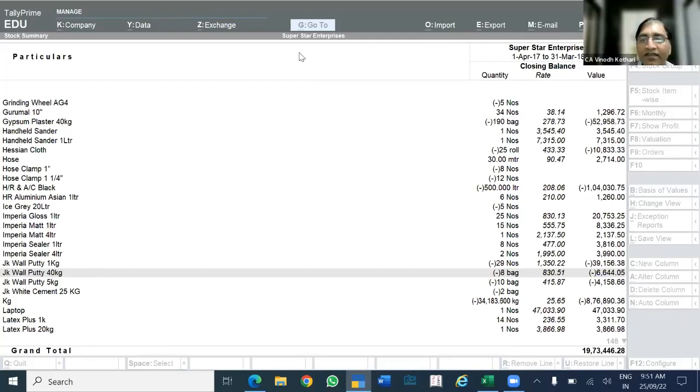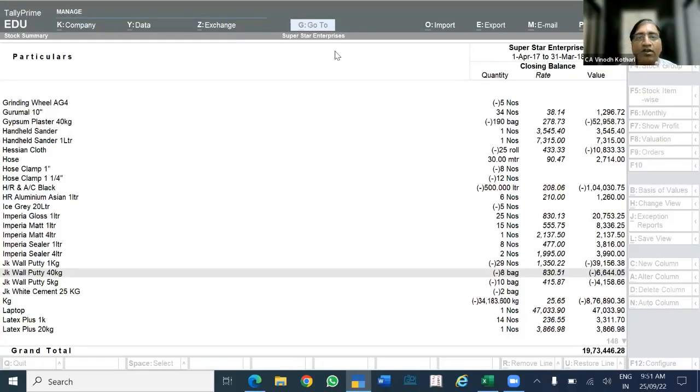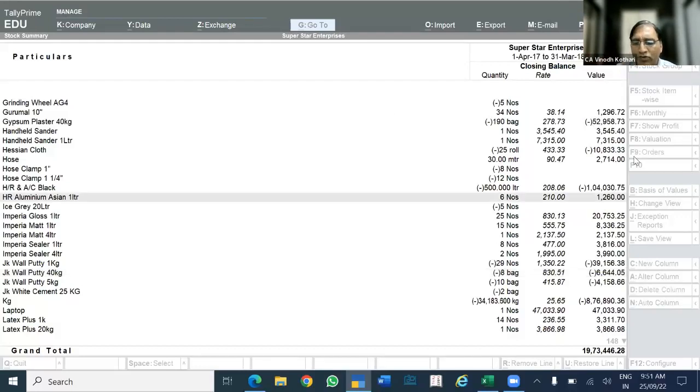First data available is quantity, second is rate and then the value. Normally the rate will be the average value. And if you press enter further in detail in Tally, I'll show you separately.